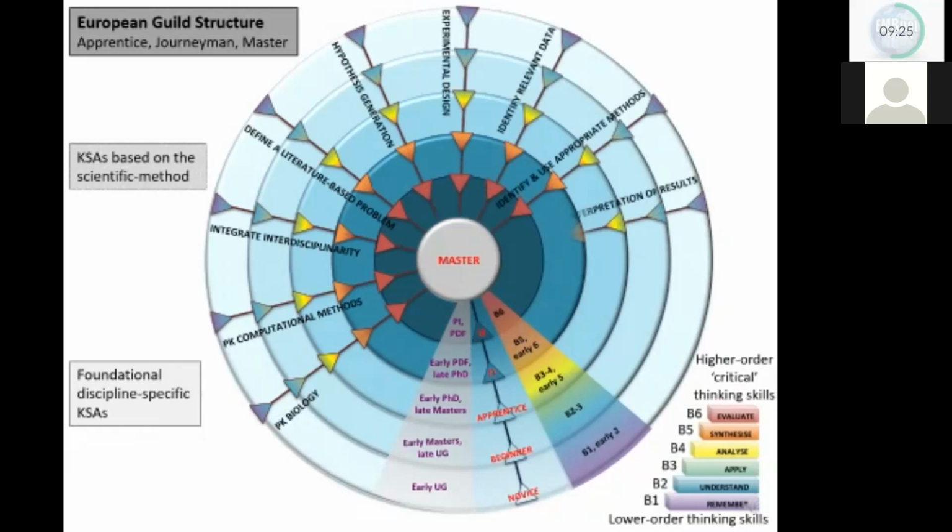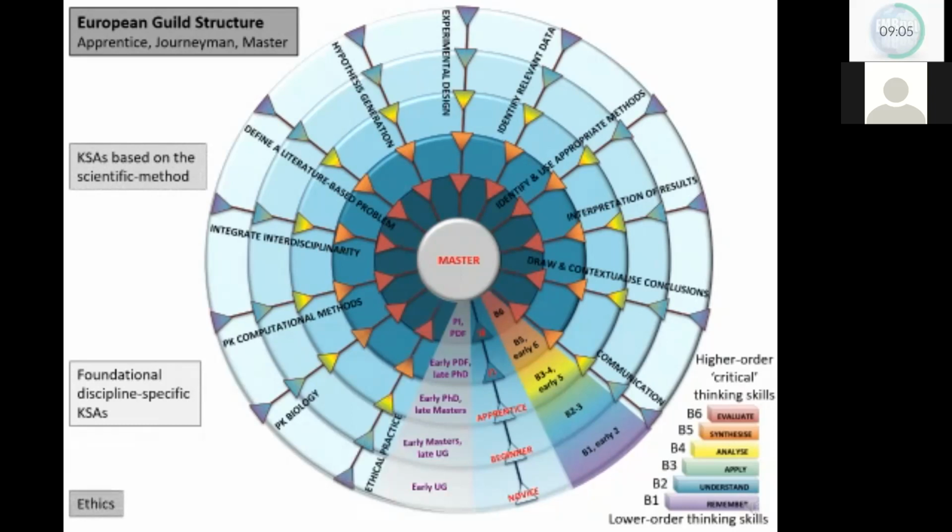These are more domain unspecific KSAs, so independent of your domain of expertise, these are KSAs that should follow your trajectory. And then last but not least, we have the ethical practice.